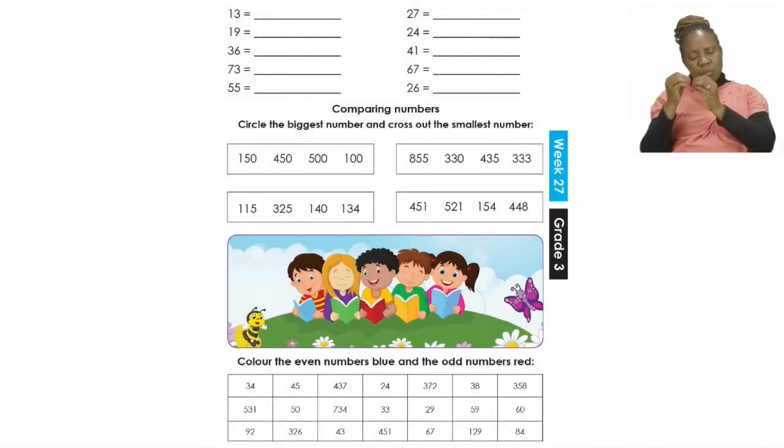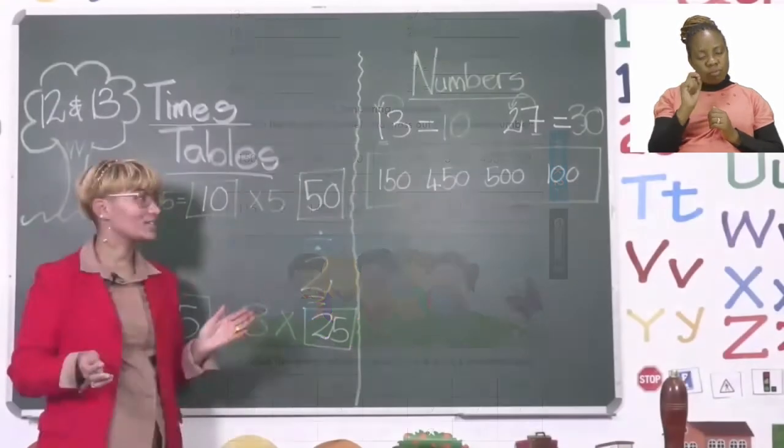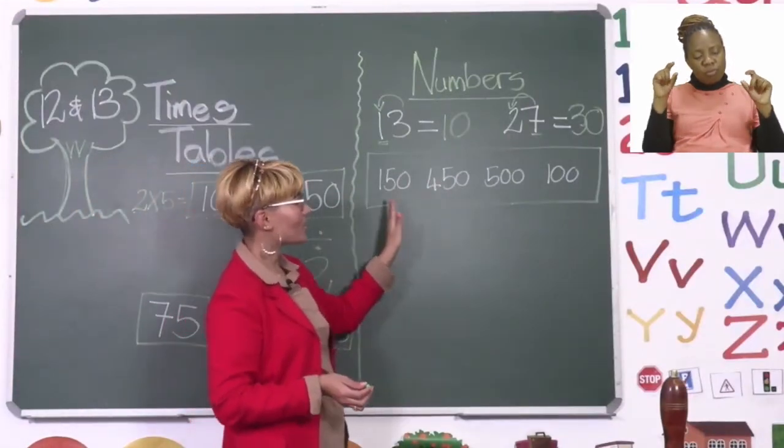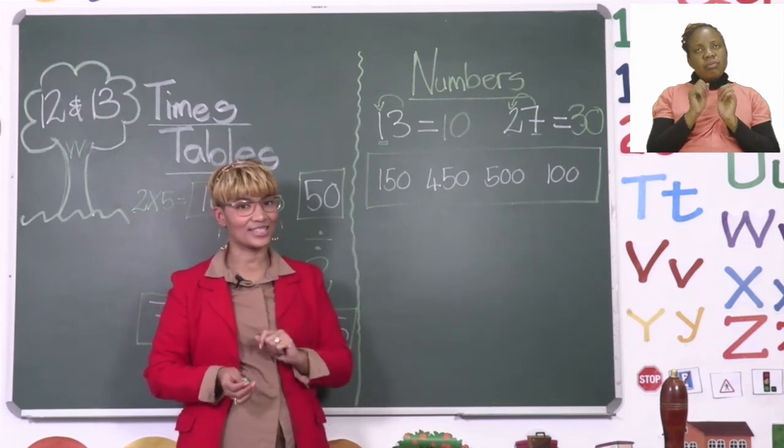It says you have to circle the biggest number and cross out the smallest number. You have to do this per block, and by doing this, you are comparing numbers. I wrote one block on the board for you, so I want us to see which number is the smallest and which number is the biggest.